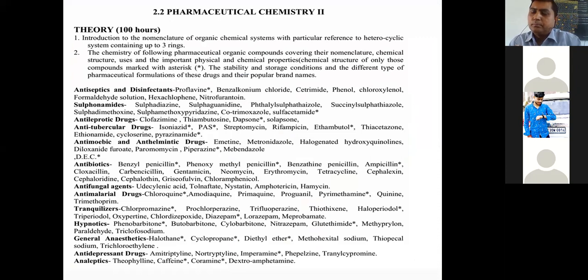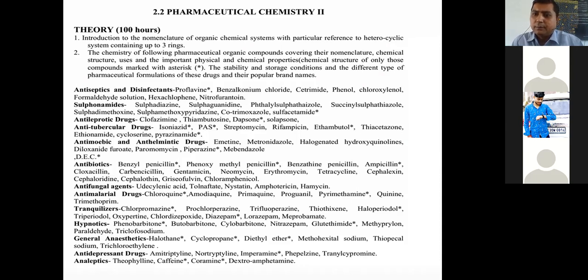So this is your syllabus that I'm showing you for this year, Pharmaceutical Chemistry second. What we will discuss here is organic compounds. The first unit, first topic, comprises the nomenclature of organic compounds. Organic compounds we can divide into open chain compounds and cyclic compounds.